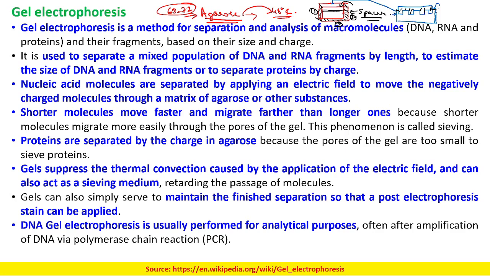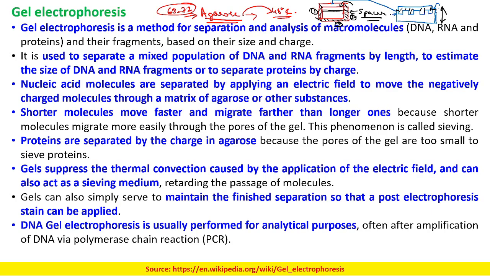Now the way I have shown you, this is in the vertical direction. If you want to run your gel in a vertical direction, then you put the spacer in this way. Otherwise, if you want to make the gel and run it in a horizontal way, you need to make it in this fashion.